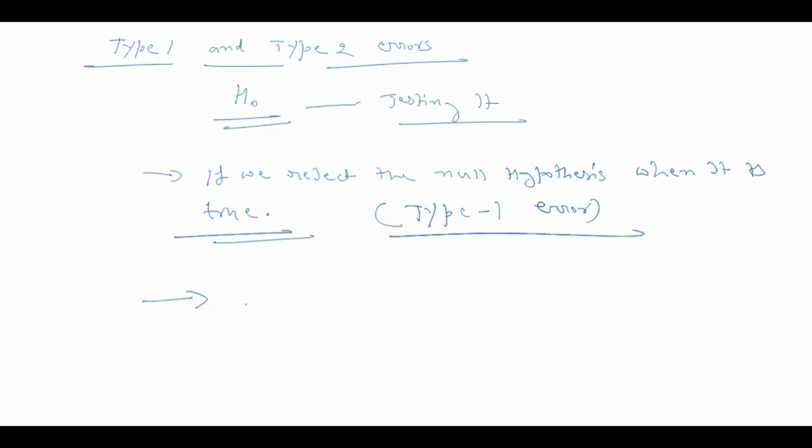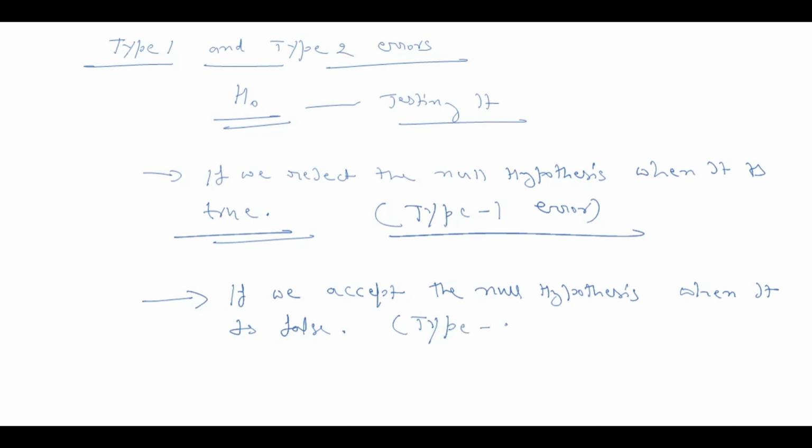And the reverse, the opposite situation, if we accept the null hypothesis when it is false, it is known as type 2 error in statistics, right?